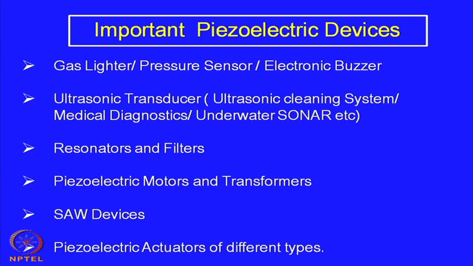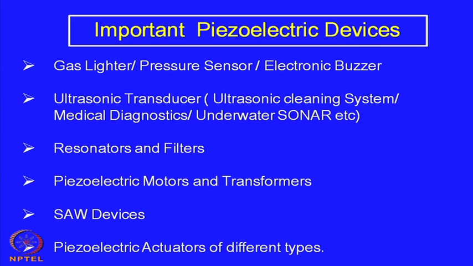For example, a gas lighter in your kitchen is nothing but piezoelectric ceramic, where suddenly a very high stress is generated, which generates a very high voltage, and then it is allowed to go to the ground. So, you have a spark. So, that is a very simple but quite important application of piezoelectric material. Normally PZTs are used.